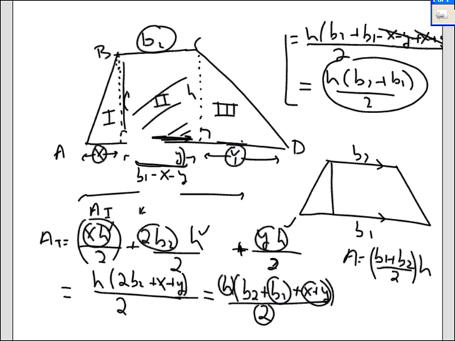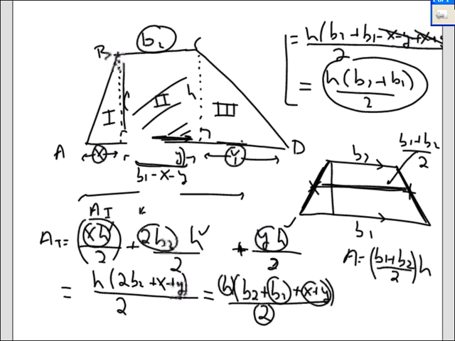You average the two parallel bases and you multiply by the height. For the record, if you go to the middle of this, right there, and you go to the middle of this right there, that is the average length, B1 plus B2 over 2.